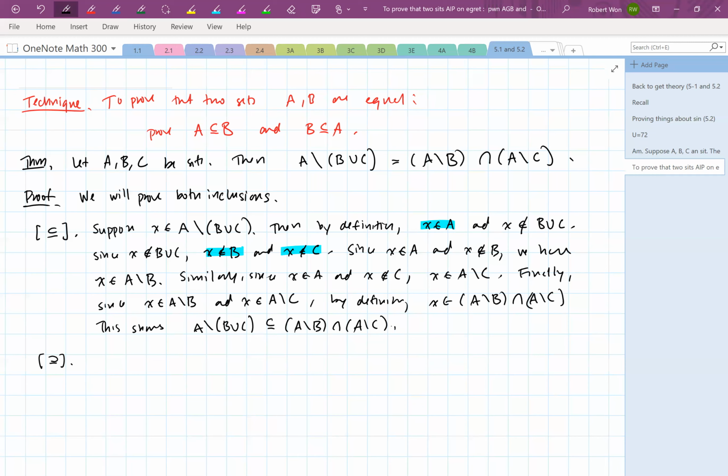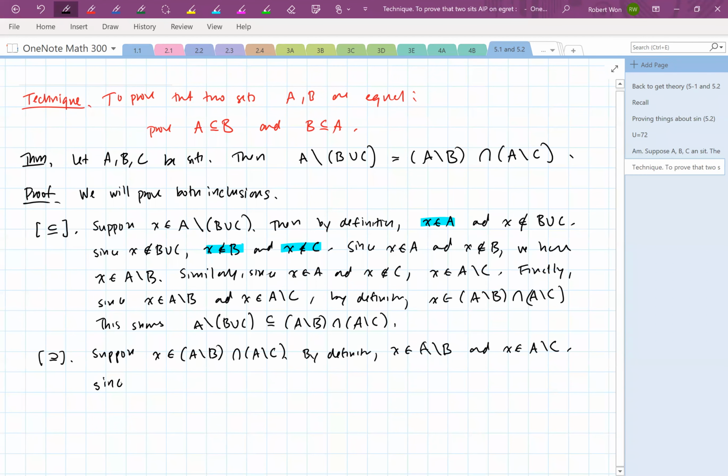Now we do the opposite inclusion. Suppose that X is in the right-hand side. Then by definition, X is in A minus B, and X is in A minus C, because it's in the intersection of those two sets.